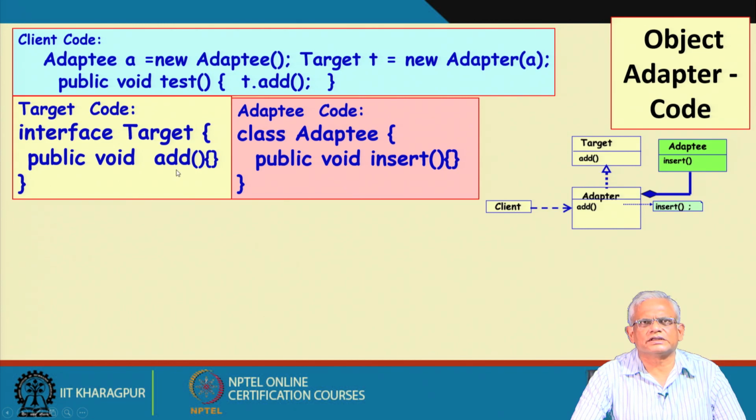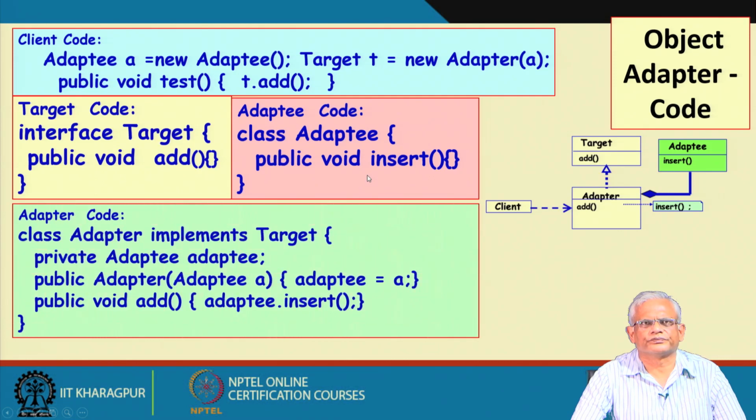The target interface has add and the adaptee has the method insert, and the adapter implements Target, and it has a reference to the adaptee object, and in the constructor it takes a reference to the adaptee object and stores it internally, and then whenever the client calls add, it internally calls adaptee.insert.